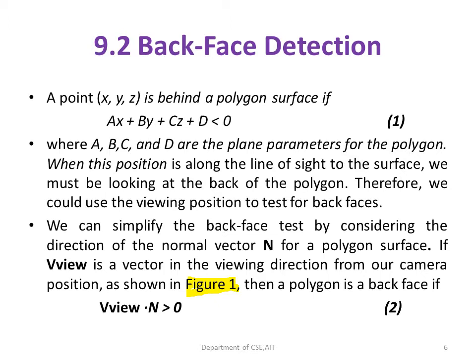Another way of detecting a back face is by using the normal vector N and the view vector V, that is the viewing direction vector. When I multiply these two vectors and the result is greater than 0, I can conclude that the polygon is a back face. So these are some methods to find whether the polygon is a hidden surface or not.